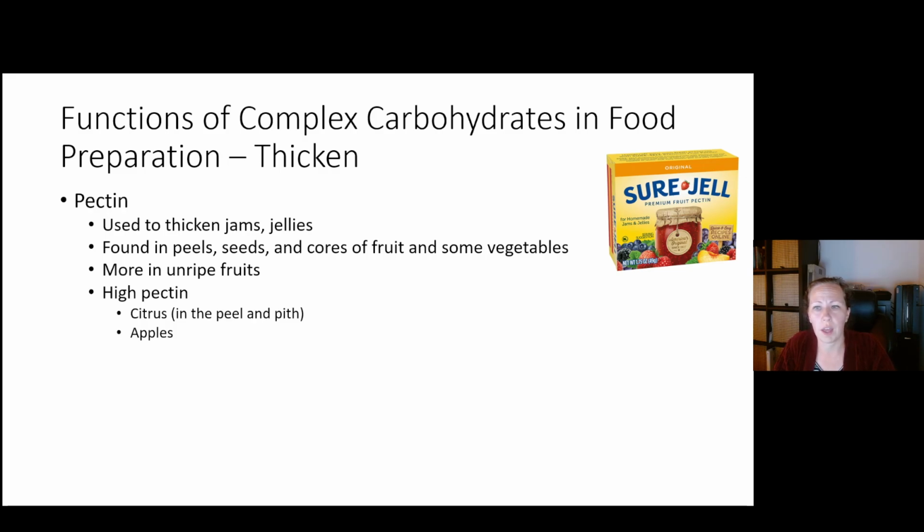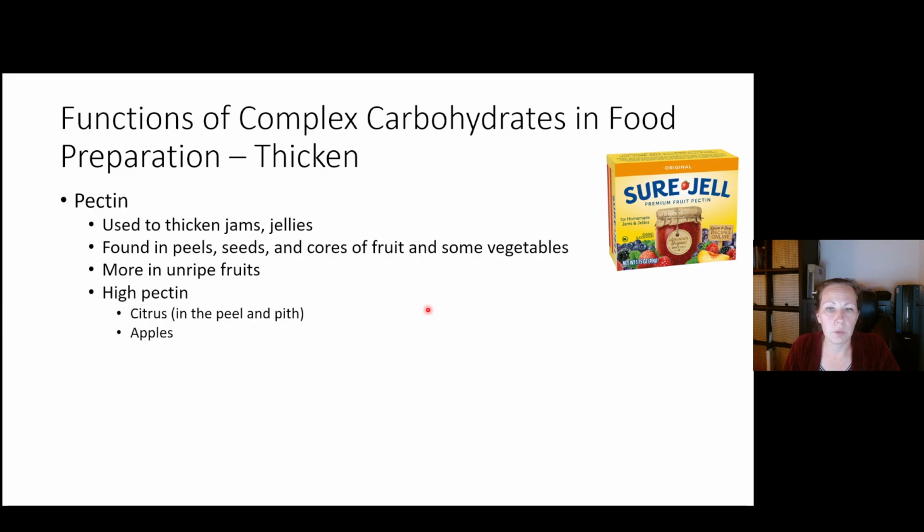You'll find more pectin there. And commercial pectin, the pectin that is sold in stores so that you can make jams and jellies, is actually made from citrus peels and sometimes apple pomace, which is the leftovers from juice production.